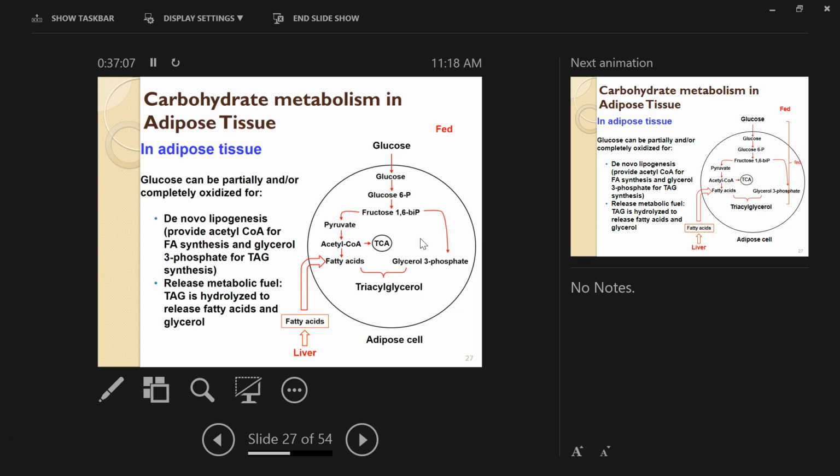And pyruvate, once it's generated from glycolysis, can enter the mitochondria and be converted to acetyl-CoA, right, and then enter the TCA cycle. And this acetyl-CoA molecule is very important. We will talk a lot about it later, right?